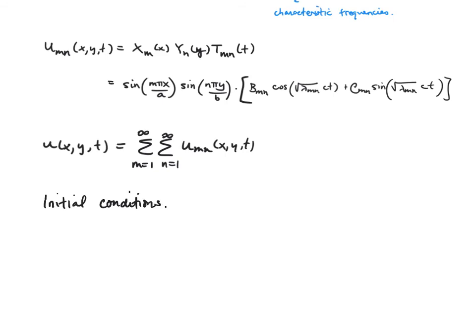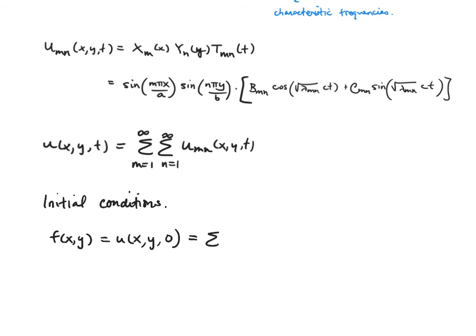If you remember, originally I had some u of x, y, and 0 being defined as some function f of x, y, and I said, if it's a drum, normally f is 0 initially, but it could be something in some context. And so what do we get when we plug this in?